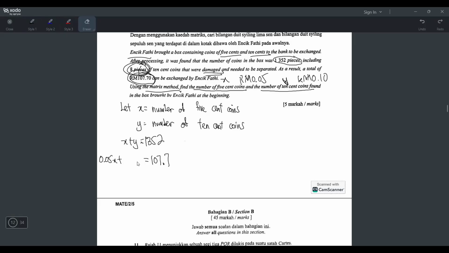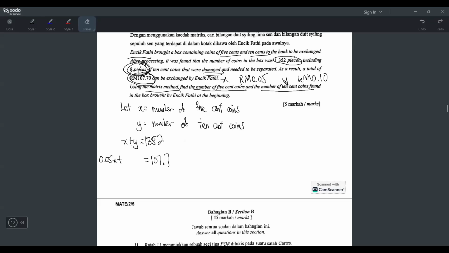So instead of writing 0.1y, I have to write y minus with what? 8 pieces of 10 cent coins.